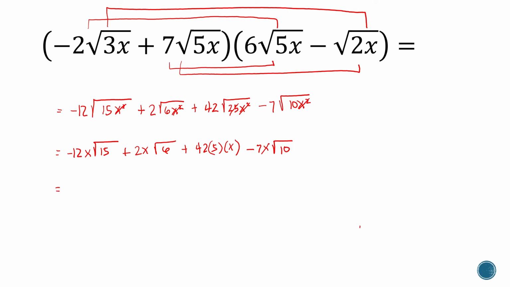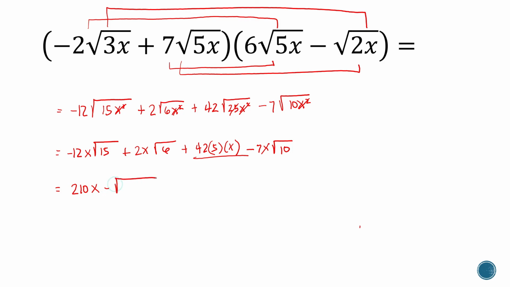So our final answer is going to be, can we add radicals here? I think we cannot add any radicals. So we just need to multiply 42 times 5 here. So 42 times 5 is equal to 210. So this is 210x, right?